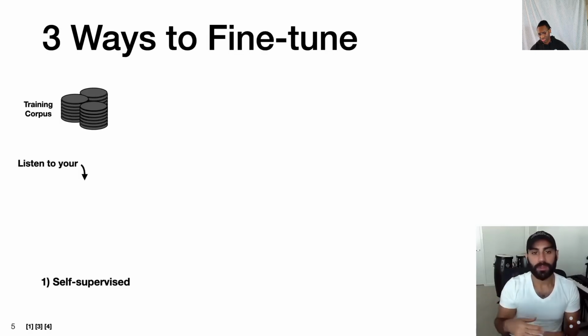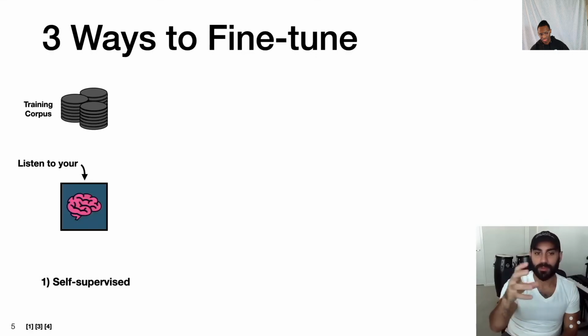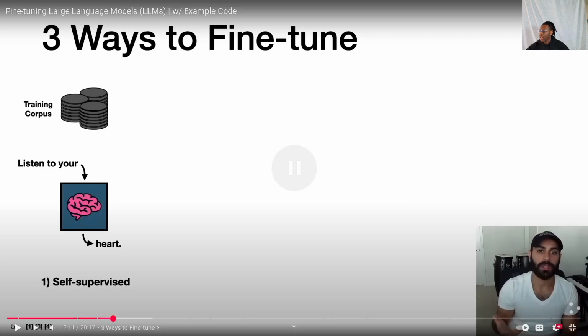You take a sequence of text like "listen to your," feed it into the model, and have it predict a completion. If we feed in "listen to your," it might spit out "heart." What would differentiate fine-tuning with self-supervised learning versus just training a base model is that you can curate your training corpus to align with whatever application.